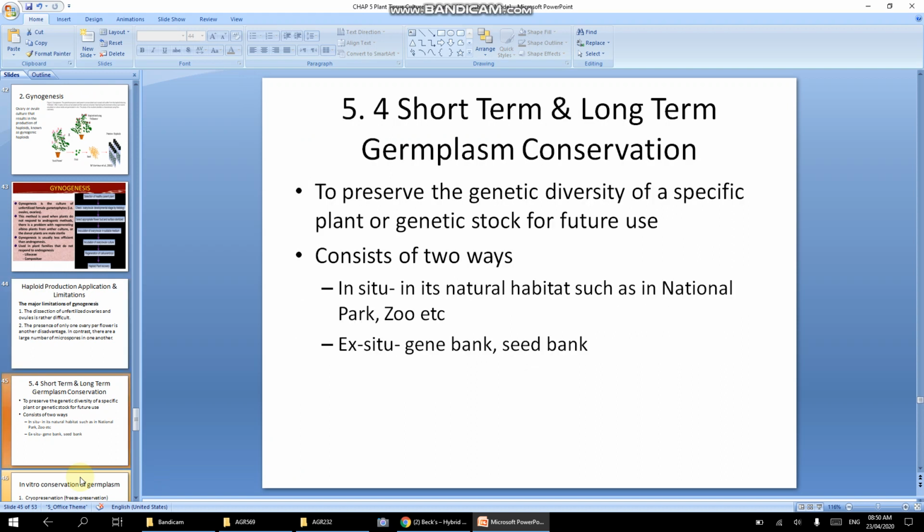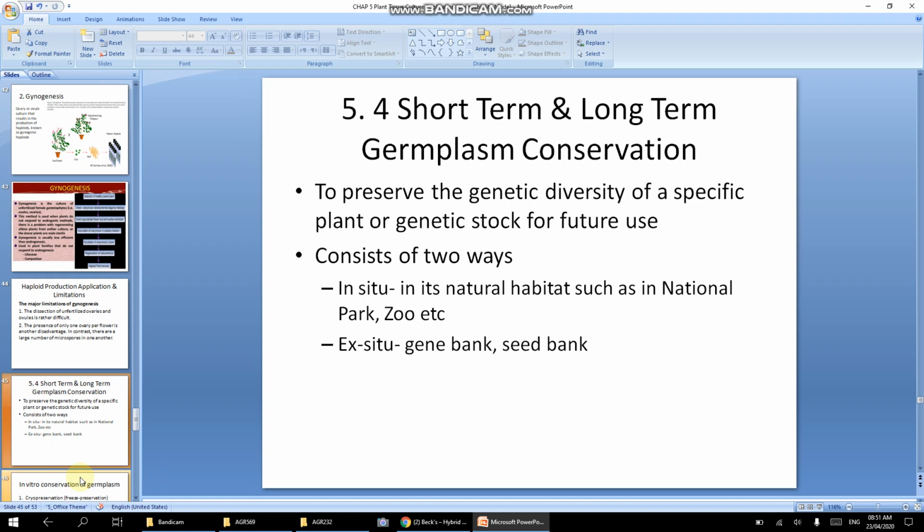Next one, we move on to short-term and long-term germplasm conservation. This is to preserve the genetic diversity of a specific plant or genetic stock for future use. When you say germplasm conservation, that means you are trying to keep your samples somewhere safe for a long time.